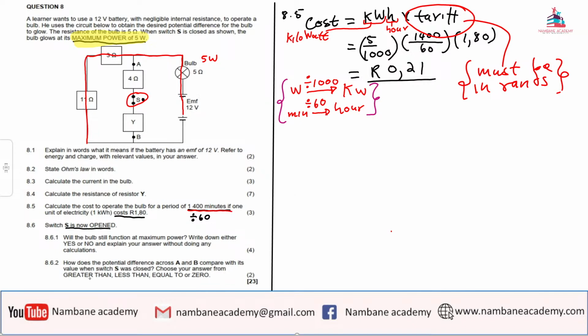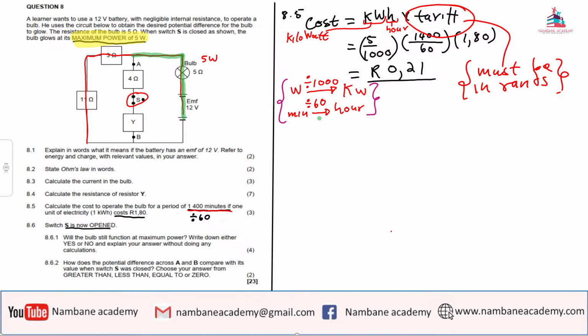Hence, follow the current path. If this switch is open, the current will flow in this direction. That direction, it will not come here to A, S, and B. It will flow through that, and we only have resistors in series, which will be 3 and 11.